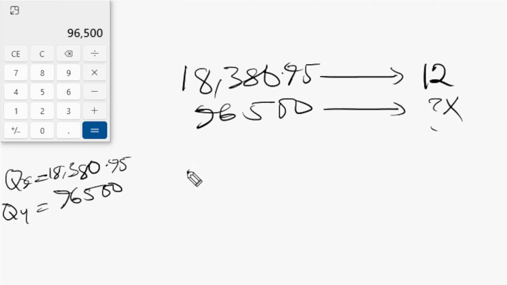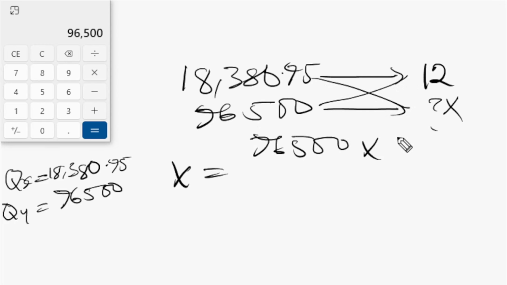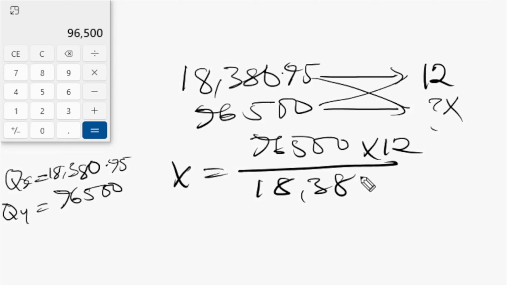So we are going to have our X to be, when we cross this, 96,500 times 12, and this over 18,380.95. So guys, let's go ahead and calculate this.